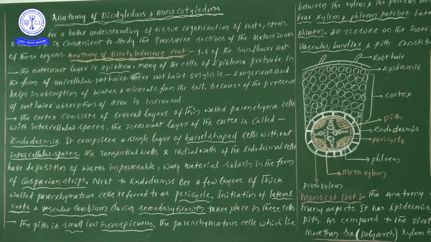This cortex has several layered thin walled parenchymatous cells with intercellular spaces. You see there several layered cells with thin walled parenchyma.